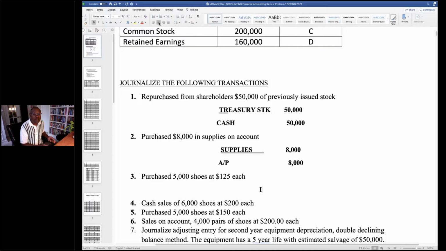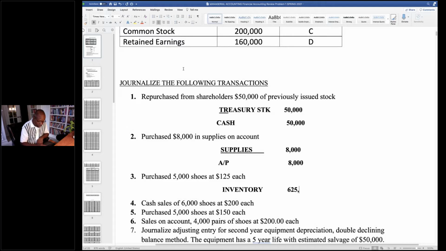So we would debit inventory. How much are we debiting inventory for? It was 5,000 times 125. $625,000. 2,500, I'm sorry.